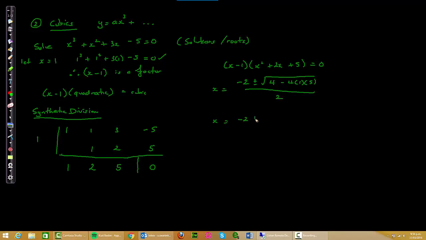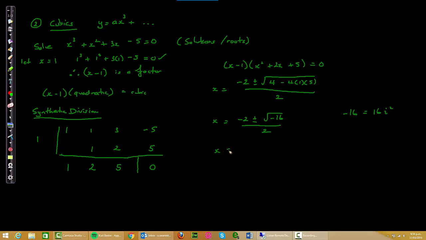So negative 2 plus or minus, right, this is 4 times 1 times 5, that's 20. 4 take away 20 is negative 16. And negative 16 is equal to 16i squared.